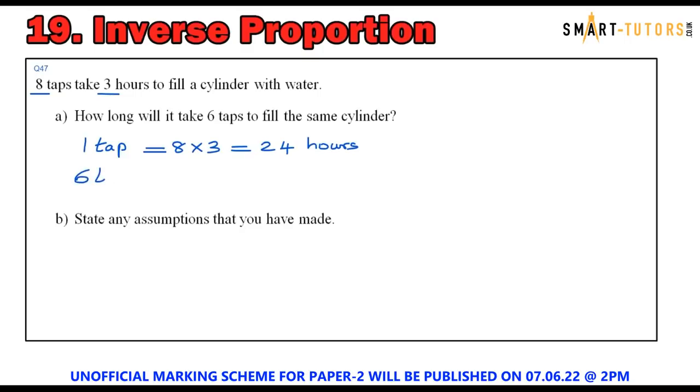So if it is going to be 6 taps, that 24 hours divided by 6, so it is going to be 4 hours if we are opening the 6 taps. That's how to do this question. State any assumption that you have made.